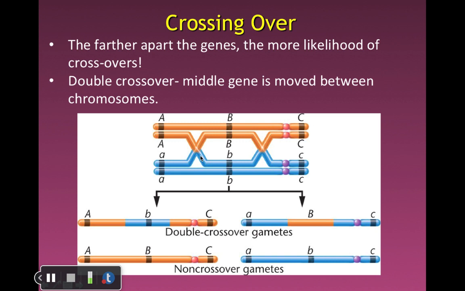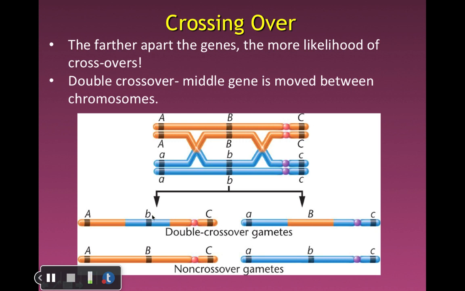And what you'll notice if you follow that is that it's the middle allele that gets moved between chromosomes. So if we start with the parental genotype, one chromosome big A, big B, big C, the other chromosome little a, little b, little c, then with a double crossover we end up with big A, little b, big C, or little a, big B, little c.